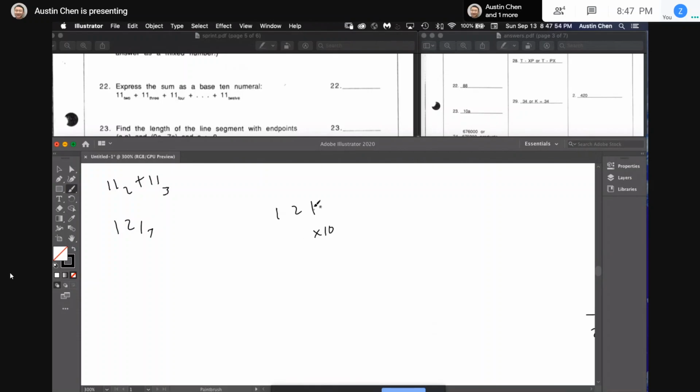So the 1 is multiplied by 10 to the 0, the 2 is multiplied by 10 to the first, and the 1 is multiplied by 10 squared, right? So the actual numerical value is 100 plus 20 plus 1, which equals 121.